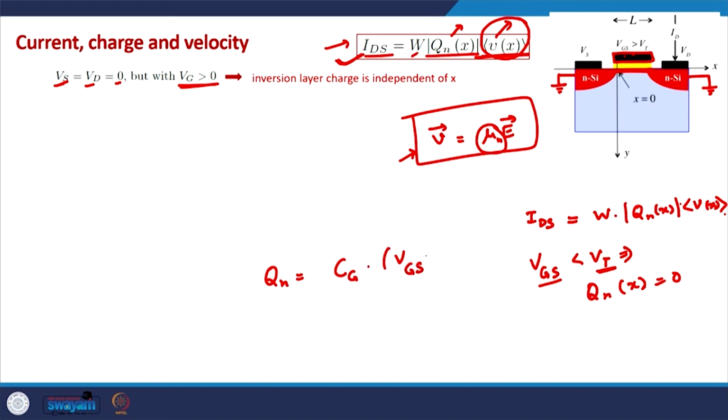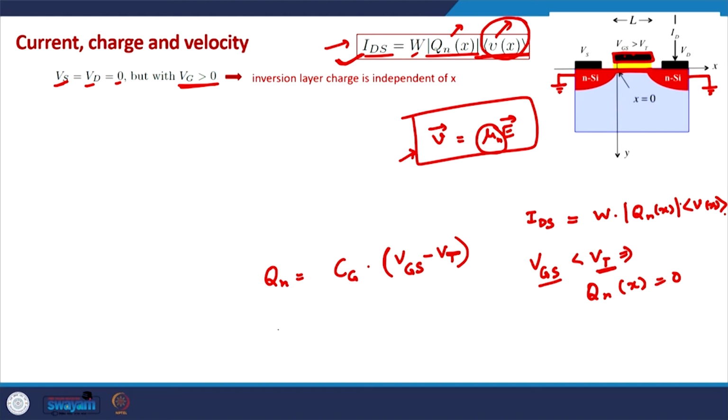As we have seen, if VGS is less than VT, then there is no charge. The charge starts appearing as soon as VGS is greater than VT, so the difference between VGS and VT is the voltage that creates charge on the capacitor plates.